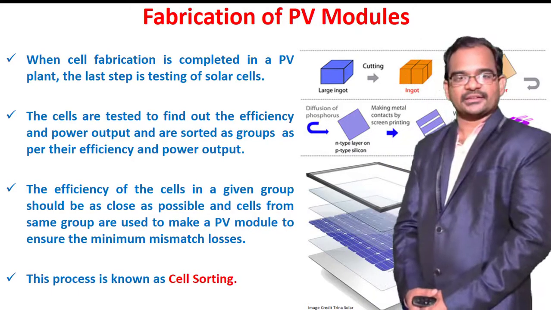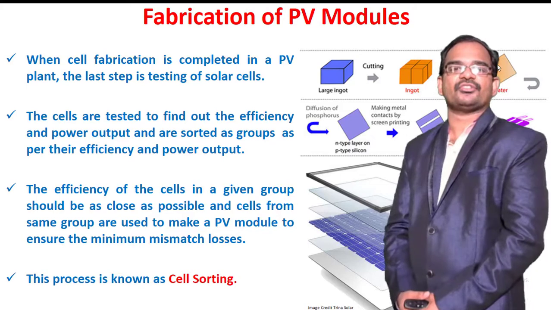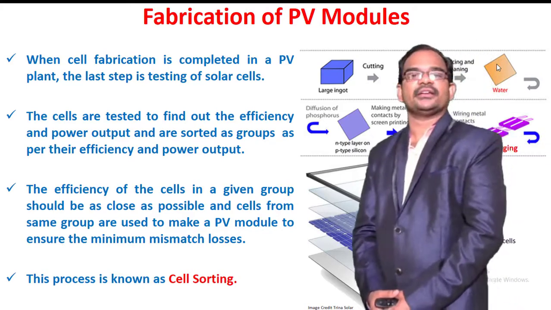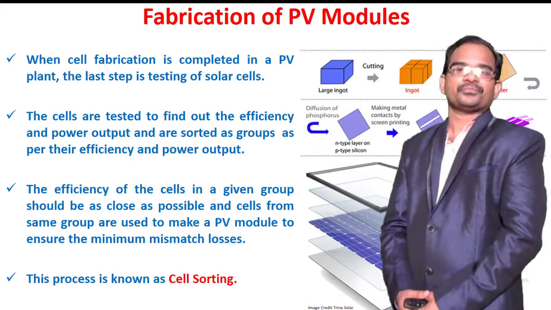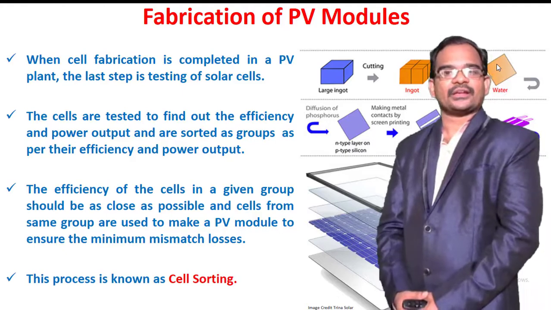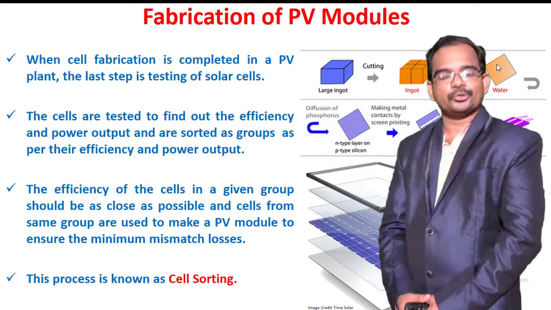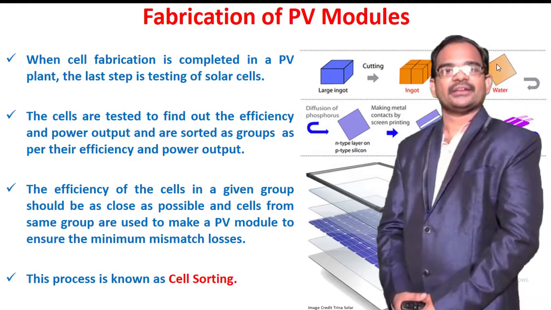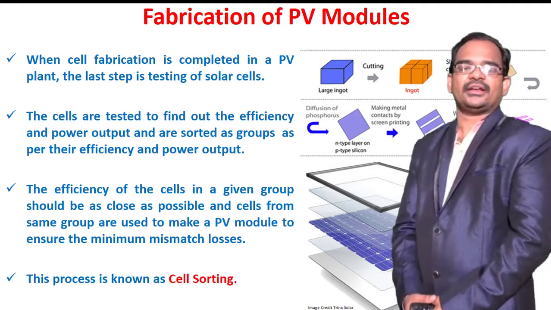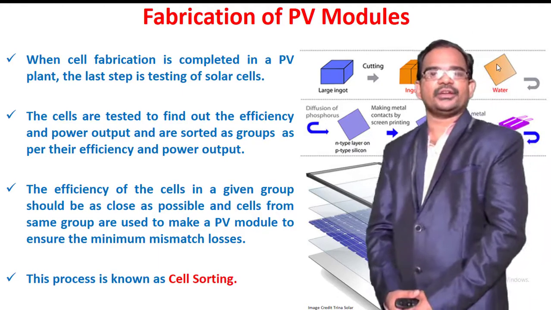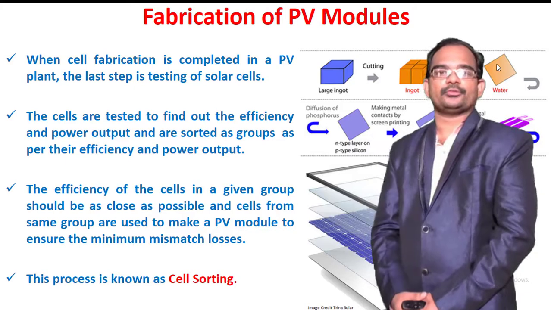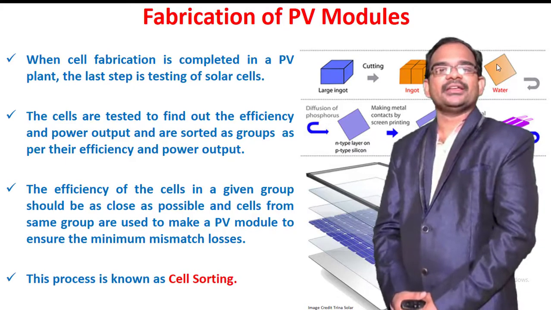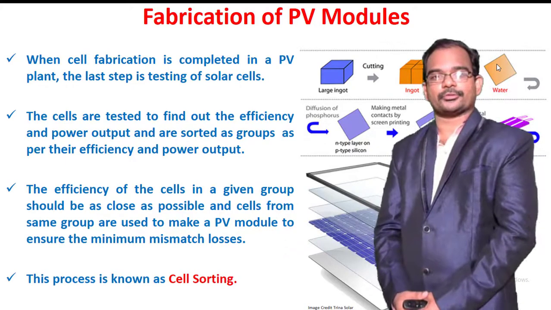Now I take a third cell and test its efficiency, and it comes out to be 19%. Now I take this solar cell and keep it in box number 2. Right. Now I will take the fourth solar cell, and when I find out its efficiency, it comes out to be 19.2%. Now I have to keep it in box number 1 or box number 2.